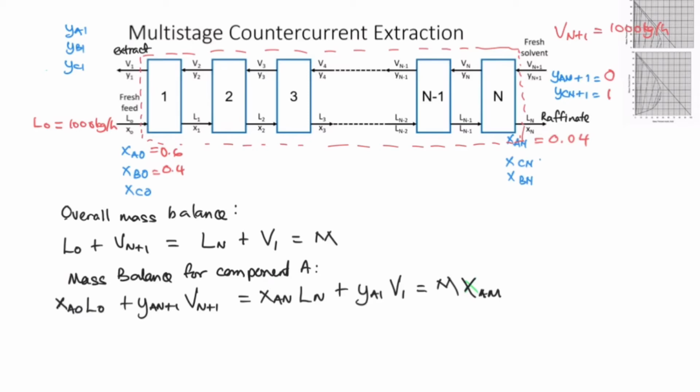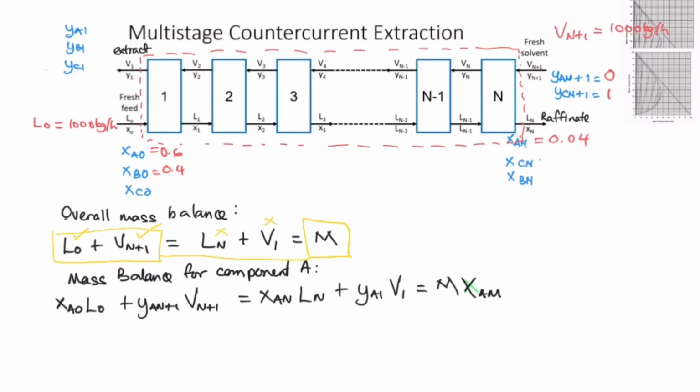So by looking at the schematic diagram, we have L0, we also have Vn plus 1. We don't have Ln, we don't have V1. And we can equate these two, L0 plus Vn plus 1, equal to M. So if you write the equation, it can be something like this.